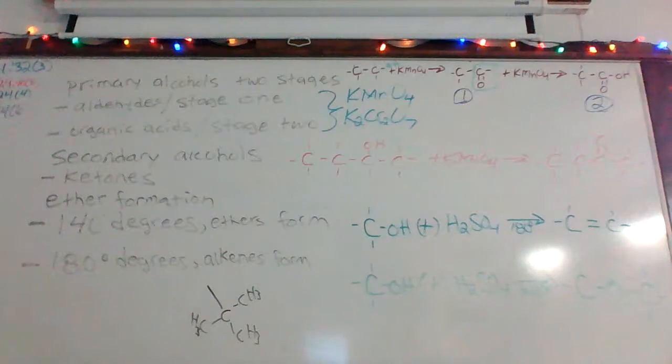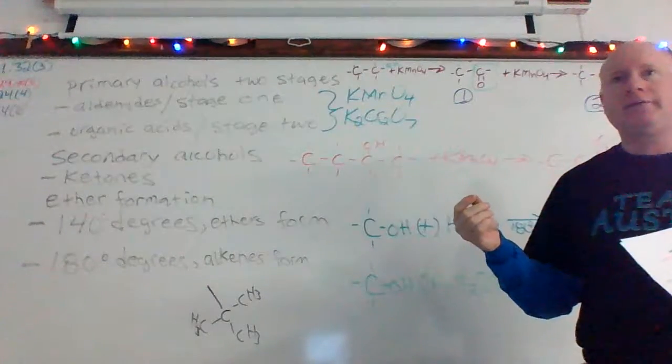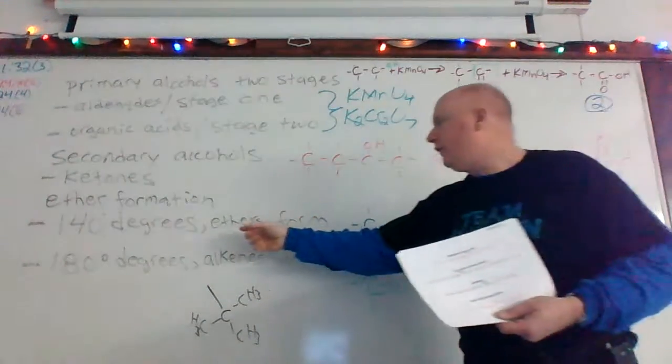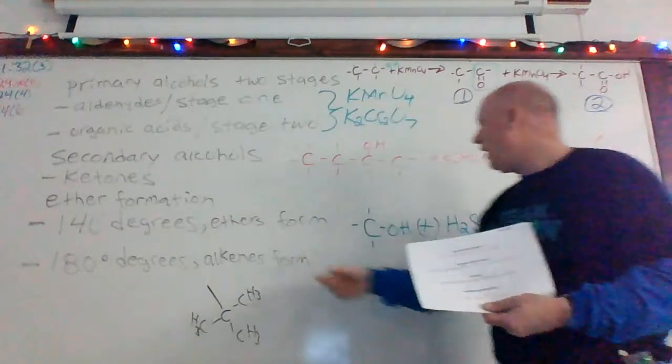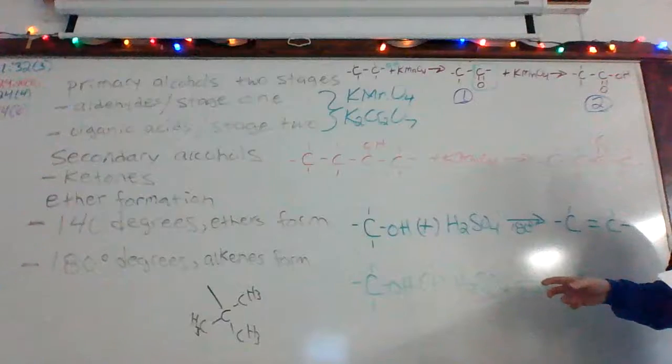It's written in purple. It says ether formation of primary alcohols. And down below it says dehydration of secondary alcohols. And that's why we wanted to spend so much time recognizing the differences between primary and secondary alcohols, because their pathways are different. So at 140 degrees with a dehydration reagent, and I need to get a secondary alcohol on here as well. Oh, no, I don't. Sorry.